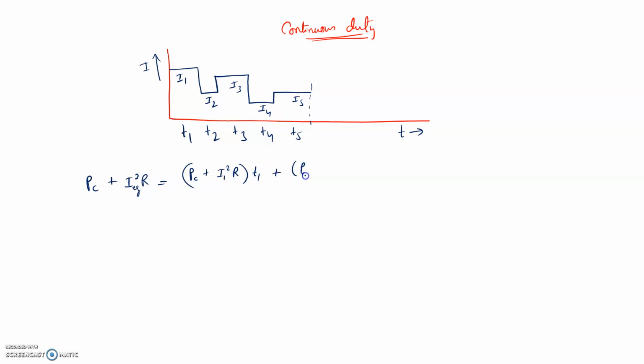Then again PC plus I2 square R into T2, and similarly we can calculate for 3, 4, 5, and the last one, PC plus I5 square R into T5.